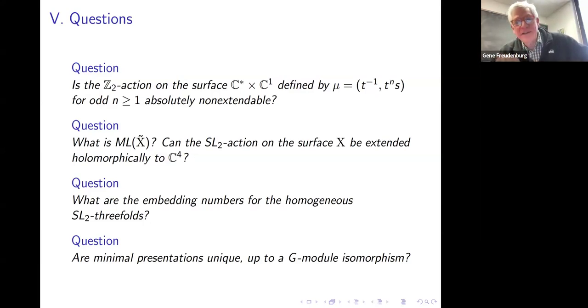I think these automorphisms have to be a little bit exotic to be absolutely non-extendable, but I don't know. And again, in general, there seem to be many possibilities here.